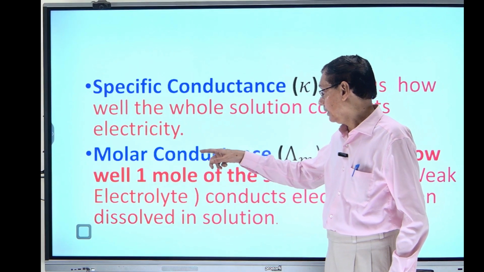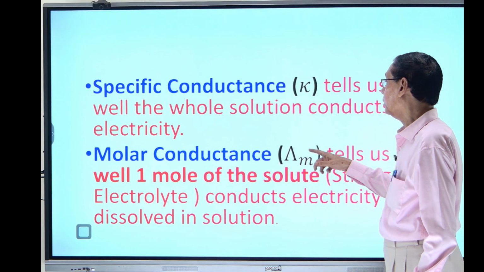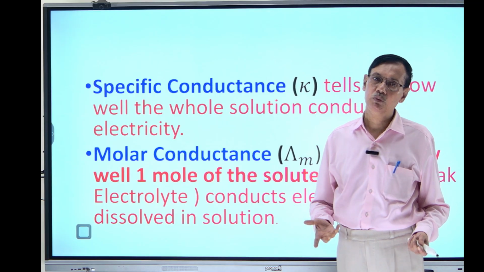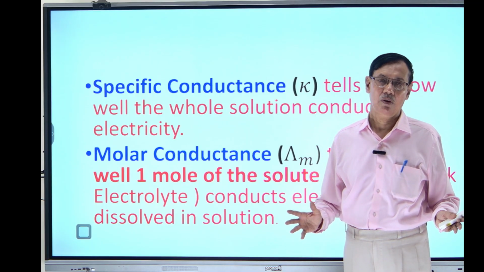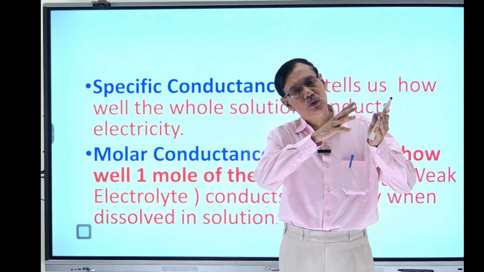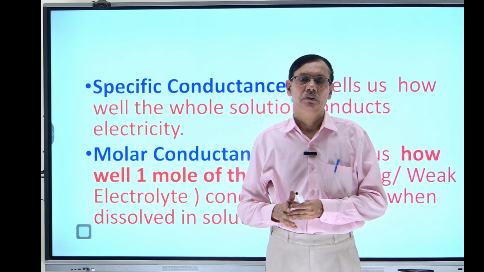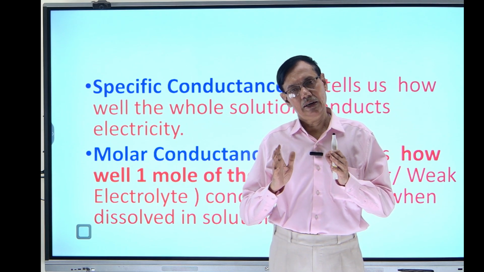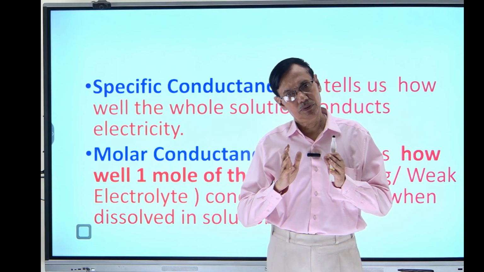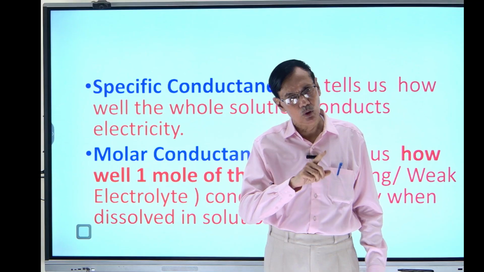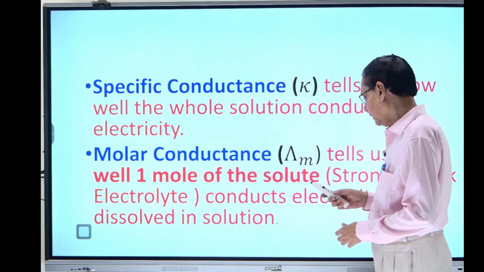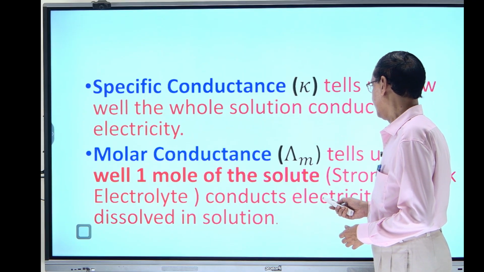But molar conductance tells how well 1 mole of the solute conducts, may be strong, may be weak, doesn't matter. Of course, the effect of dilution may be different for strong electrolyte as well as weak electrolyte, but that concept is same. It must be 1 gram mole or 1 gram equivalent. So that is the difference between the specific conductance and molar conductance.